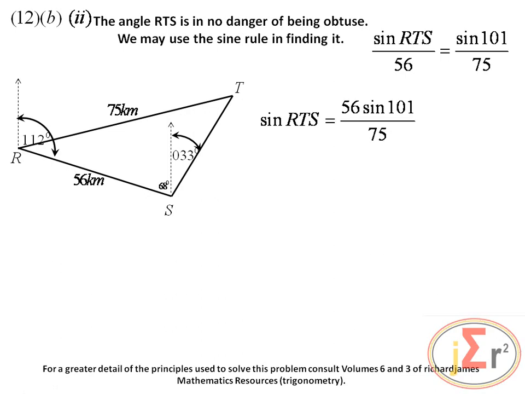We may transpose the equation, and simplification will give us the sine of RTS to be 0.733. So RTS is equal to sine inverse of 0.733, which is equal to 47.1 degrees.